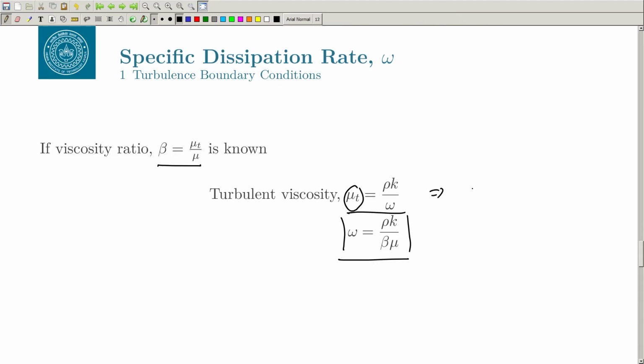You can write this as beta mu is equal to rho k by omega, right. So, then your omega will become rho k by beta mu. You know the k, you know beta, and rho and mu are also known. Okay. So, then you can calculate the specific dissipation rate.